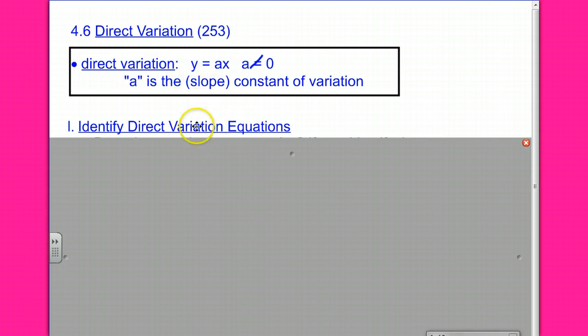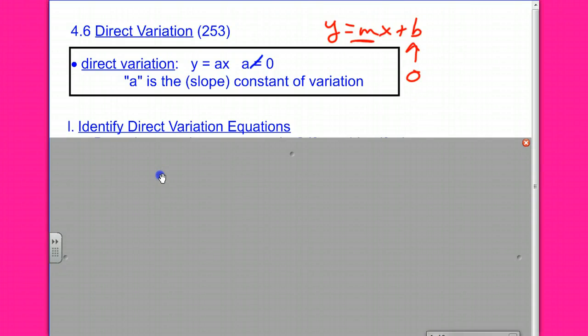So, once again, if we think about our slope-intercept form, the y-intercept is not seen in this equation, so it's really 0. So we always have a y-intercept of 0. And then what's left is y equals mx, or we can call it y equals ax in this case.